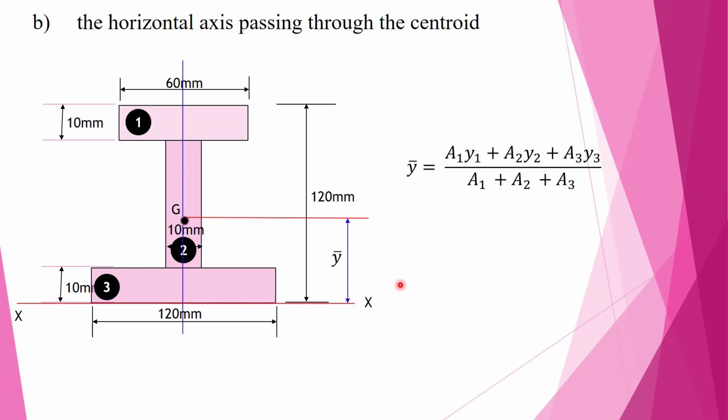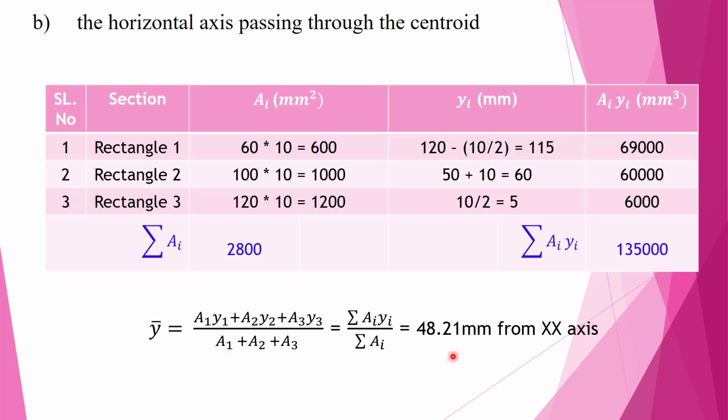We can find out the distance. So here I am not going to explain the procedure for finding out the centroid of the I section. We will be using this tabular format, and using the formula y bar is equal to sigma ai yi by sigma ai. We will get the value as 48.21 mm from x-axis.